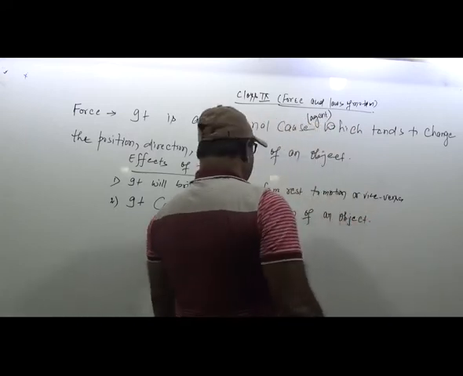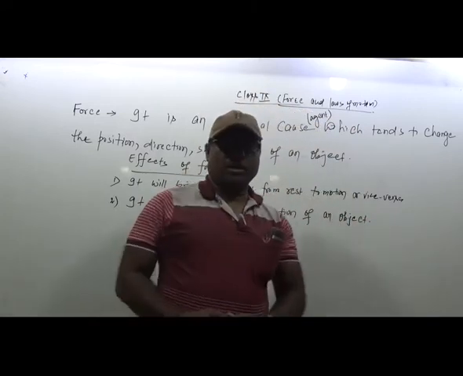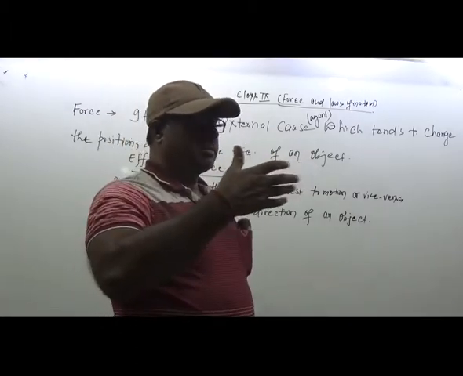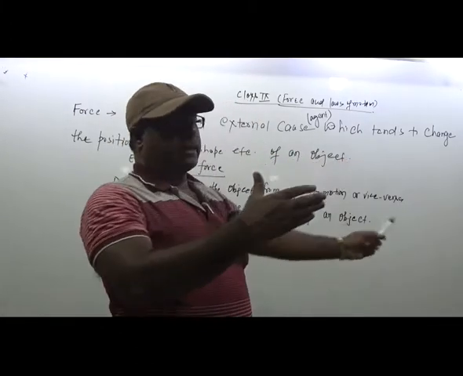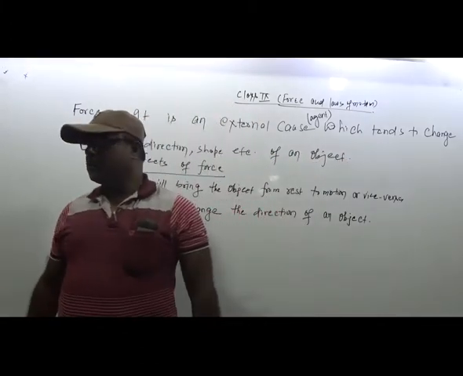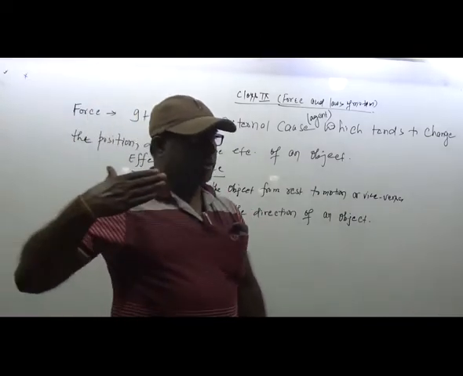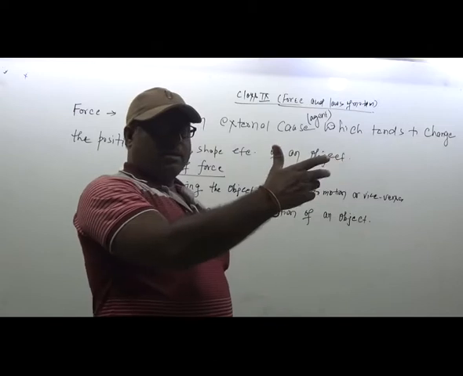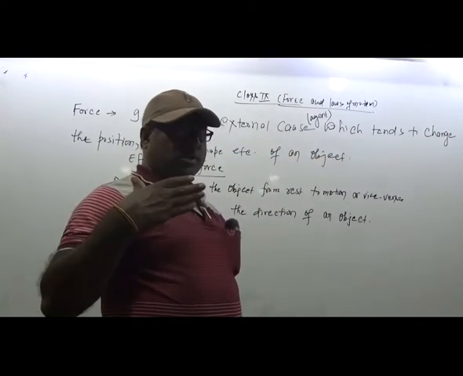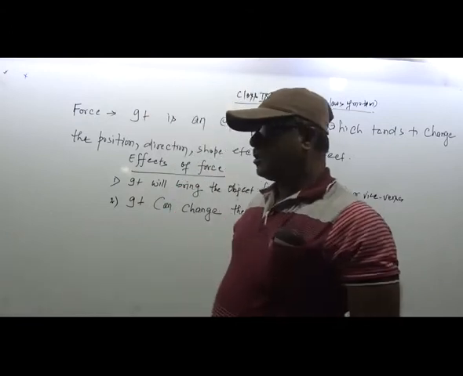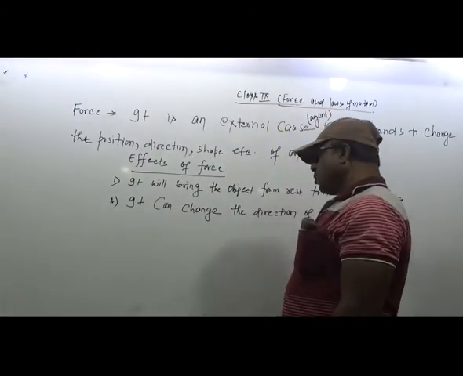Suppose a bowler is throwing a ball in a straight way like this and the batsman hits the ball. What happens? The batsman is changing the direction of the ball. The ball is going like this, east to west suppose, and the batsman hits the ball and it goes in opposite directions.